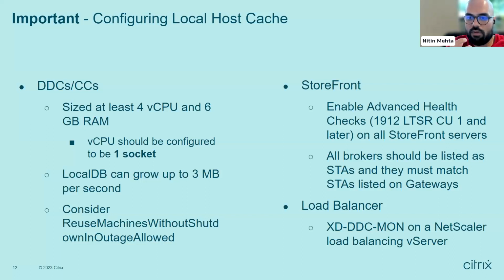So understandably, there could be a security risk, which some of the healthcare or other security sensitive customers don't want to take. But a lot of customers do use this setting because it's an outage mode. You want users to be functional, so you're fine with that kind of risk. It's not super sensitive data for some of the customers. So it's not that it won't be available, it's just that the capacity becomes limited.